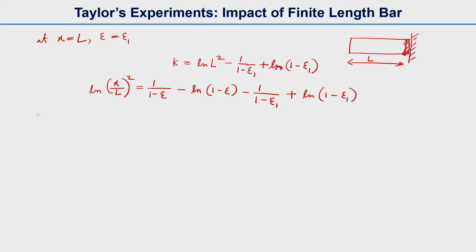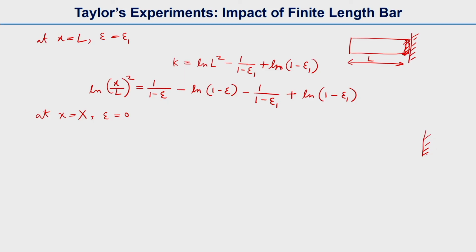Again at x equal to capital X, epsilon equal to 0, which is the end of the deformation, when the elastic wave released from the free surface, that is the back surface of the impacted projectile, meets the plastic wave. Let me draw it here. Suppose this is the rigid wall, and the final shape of the projectile will be like this.